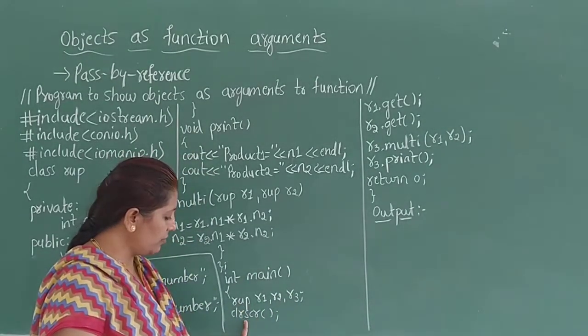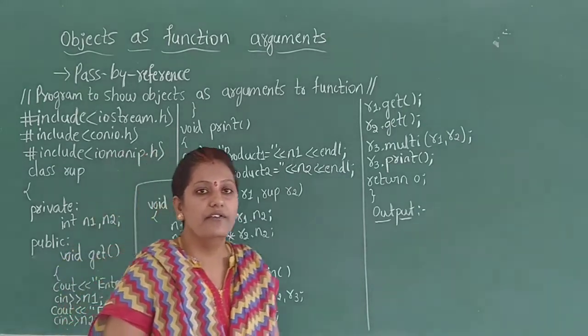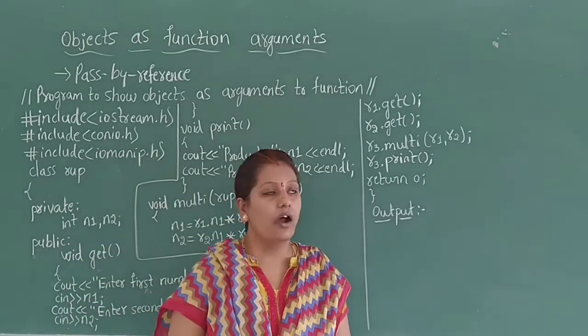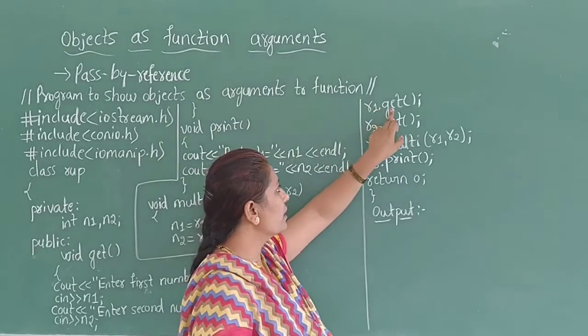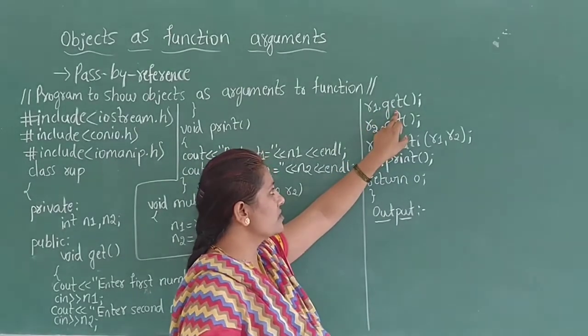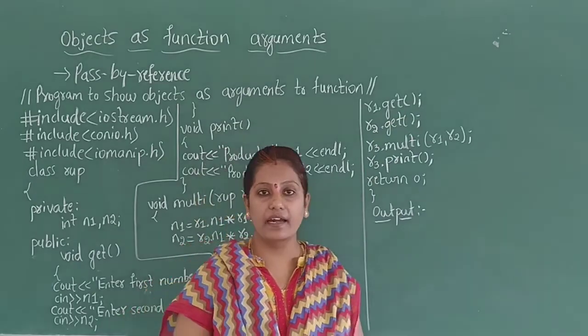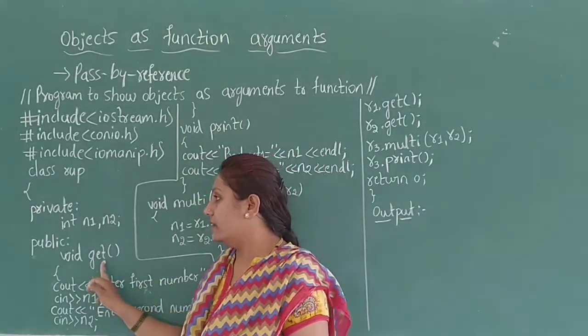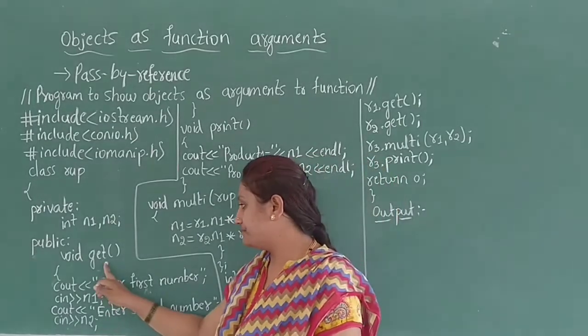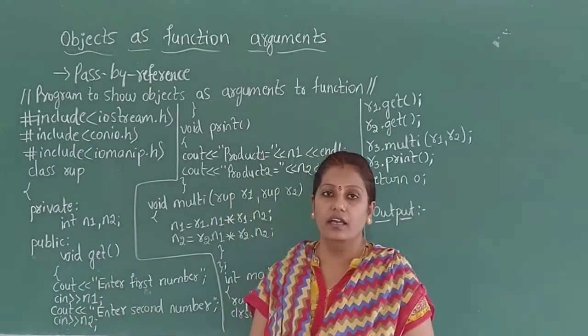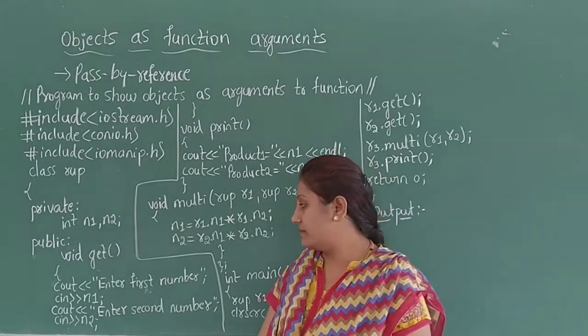The next statement is clrscr, which clears the output screen. The next statement is R1 dot get. When this function is called, control directly goes to the get member function where it is defined in the class and executes the executable statements.